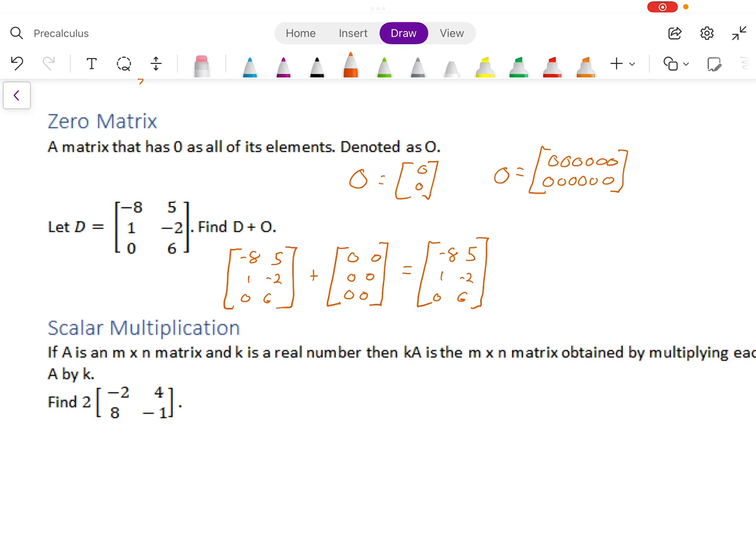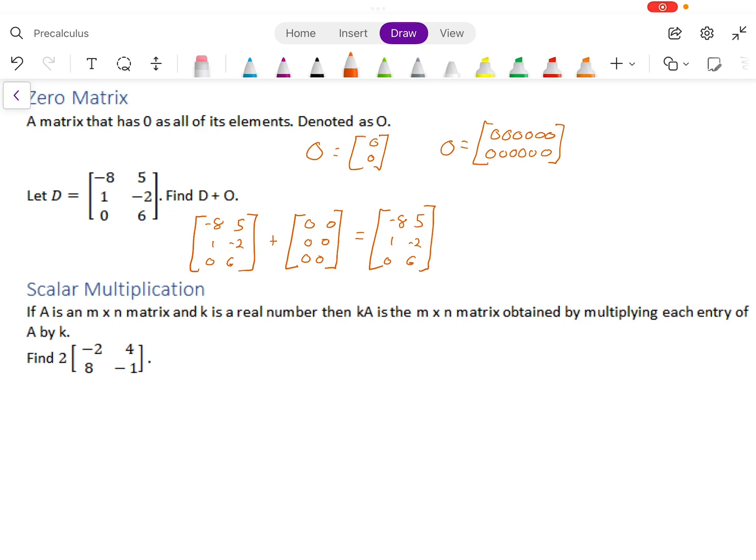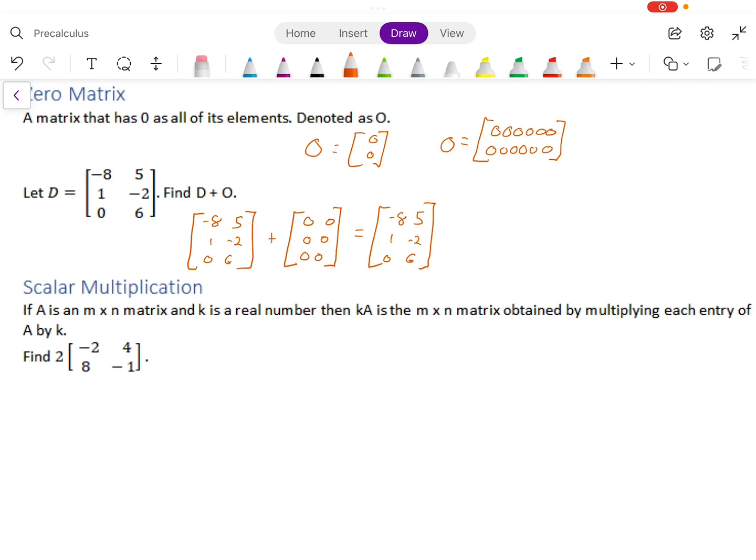Scalar multiplication. There are going to be 2 types of multiplication. The first type is scalar, and it is pretty simple. It looks like the distributive property. I'm not saying it is the distributive property, but it looks like it. If A is an m by n matrix, and K is a real number, then K times the matrix is the m by n matrix obtained by multiplying each entry of A by K. And so down in this example, this 2 is multiplied by our matrix.